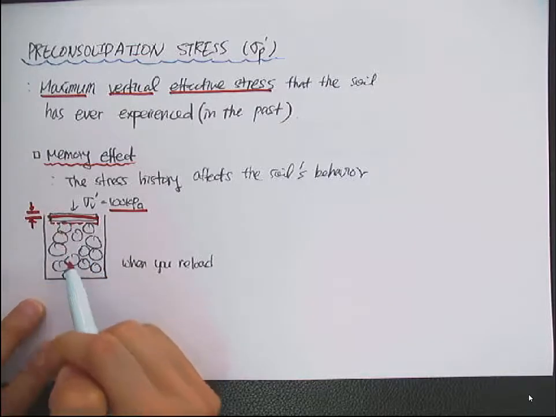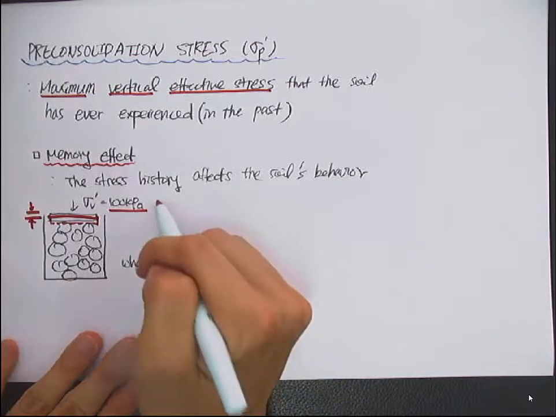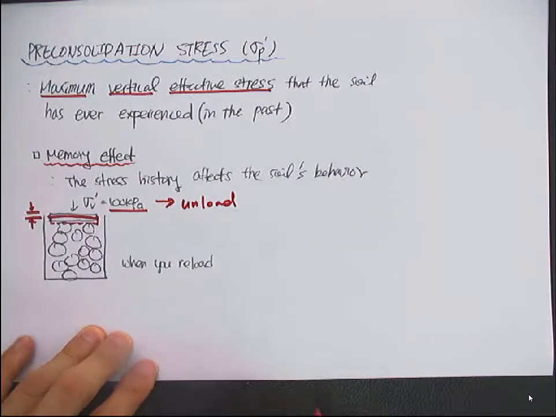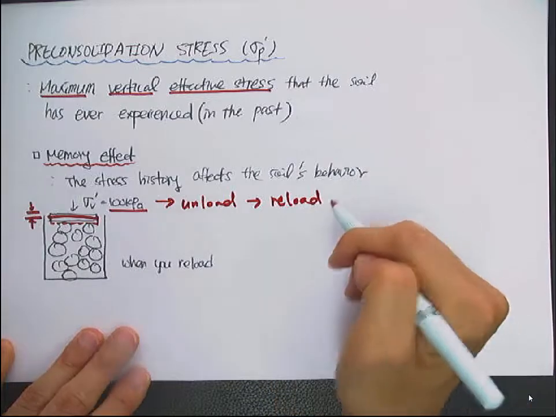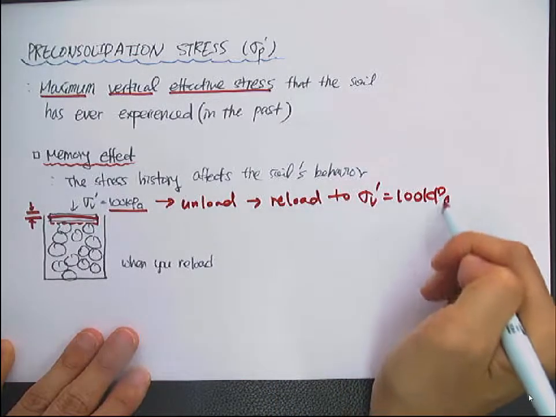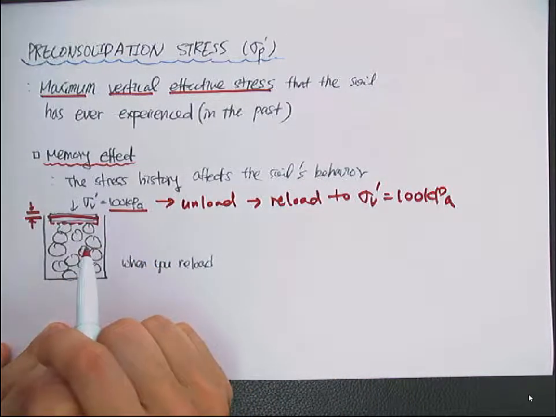So the soil will deform. And now the soil has experienced this 100 kilopascals. Right? And you unload it. And when you reload to 100 kilopascals, the settlement will occur by the same amount. Right?